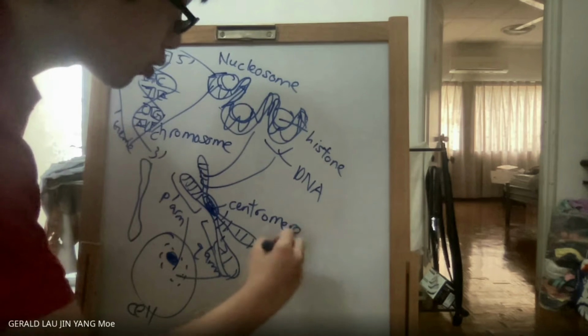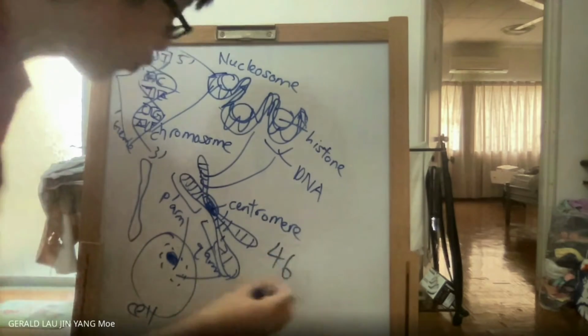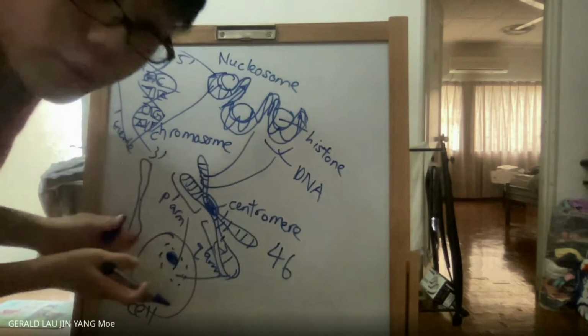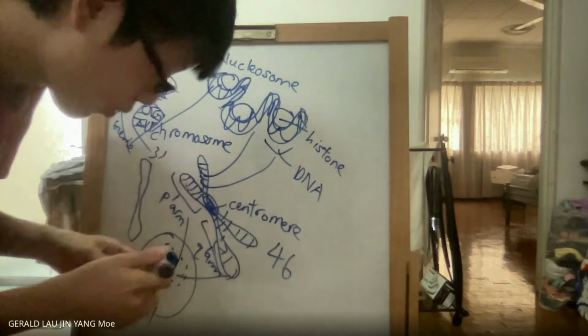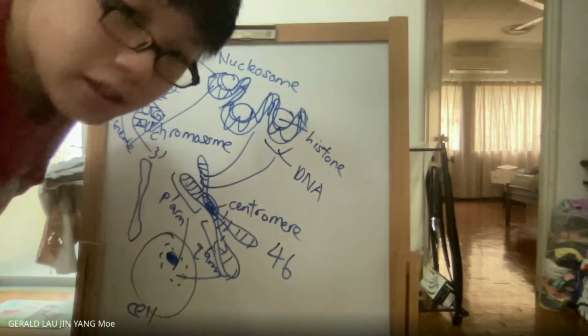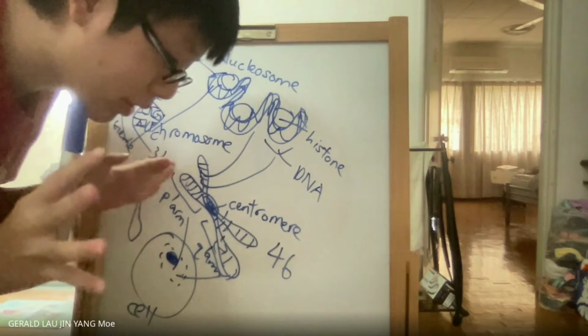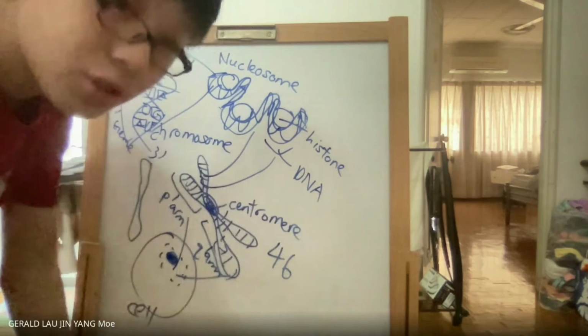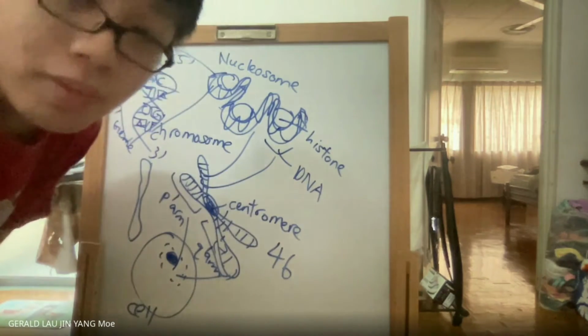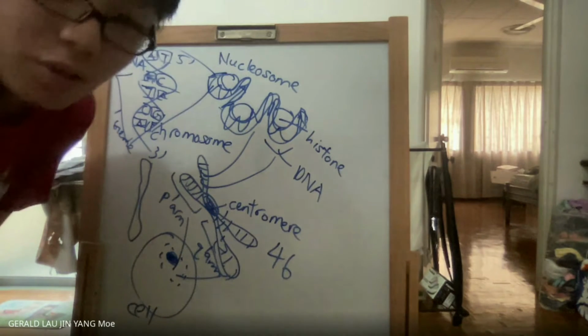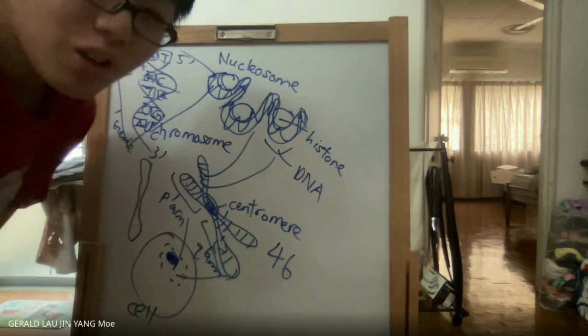Humans have 46 chromosomes in the nucleus of one somatic cell. So this is the formation of our chromosomes and DNA in our nucleus. Do you understand or not? If you understand this part, only then can you move on to the next. All of you, do you understand?